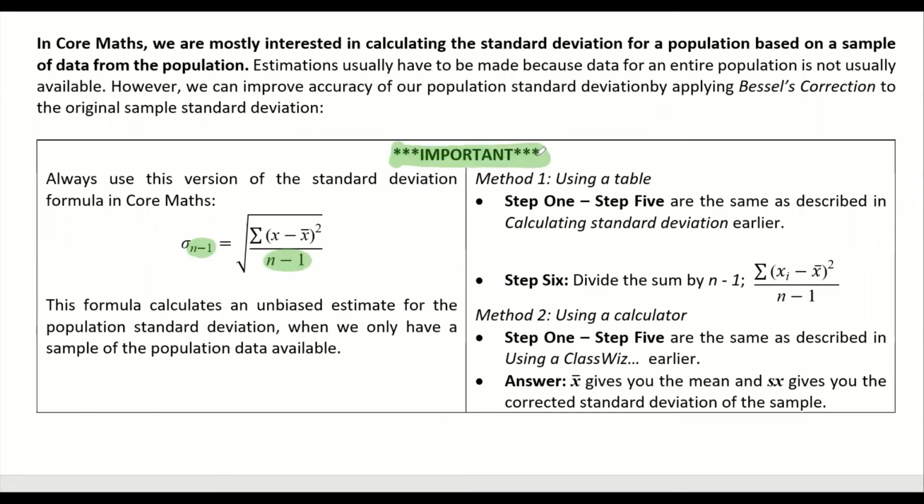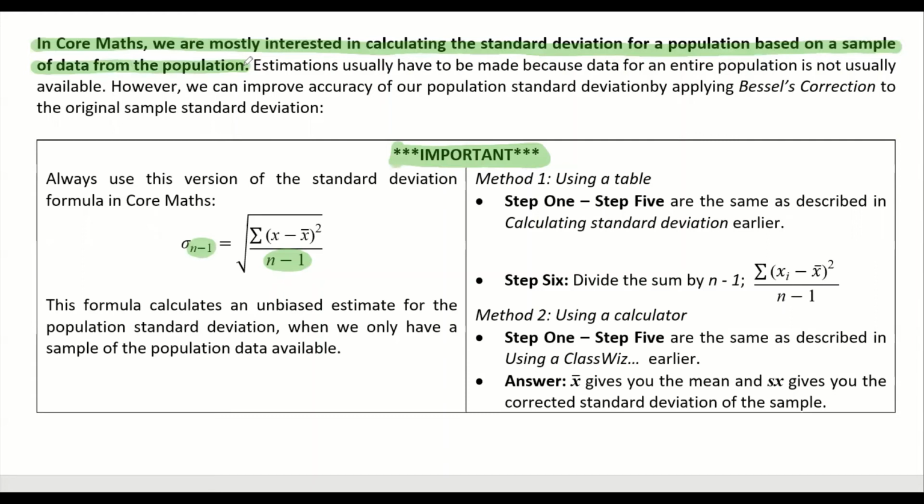The reason why the formula is different is to do with whether you're working from a sample or from the whole population. Now, I've made the first sentence here bold. It says in core maths, we are mostly interested in calculating the standard deviation for a population based on a sample of data from the population. A sample.